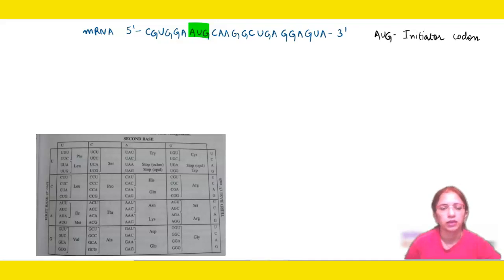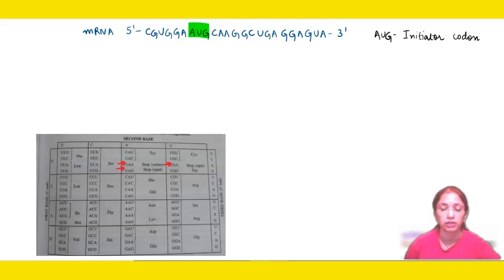Okay. Now we will find out the terminating codon, and I'll be explaining through the table also because that will make things clear. See here, UAA, UAG and UGA. These are 3 codons which are not coding for any of the amino acids.